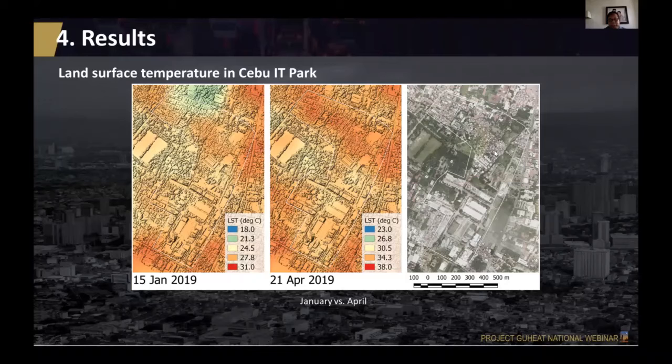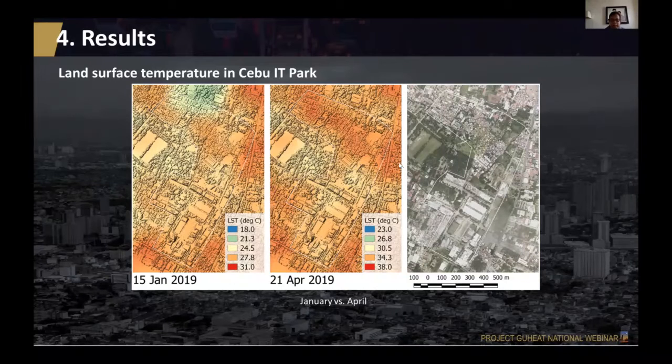One can see that for areas where houses are close together, one can observe higher temperature. It may be because of the ventilation, because air circulation is limited in this area. Then these areas are residential areas, and somewhere here are also areas where houses are packed together.